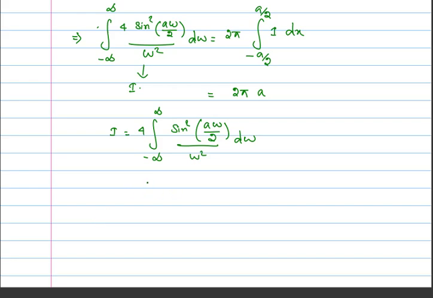So now I take u equal to a omega divided by 2. This implies du equals a divided by 2 times d omega. This implies d omega equals 2 divided by a times du.